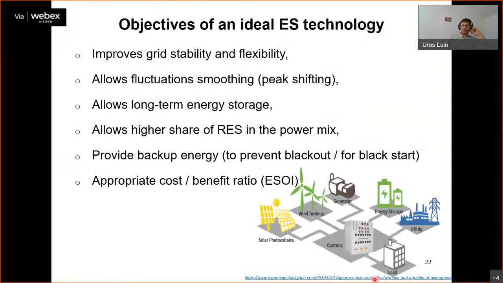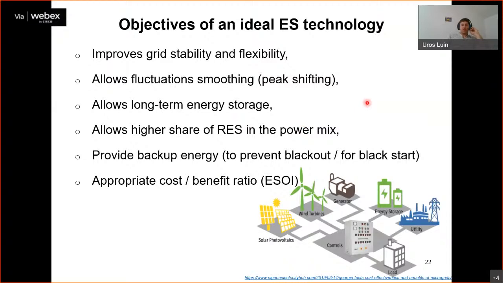Let us sum up what we said until now, and ask ourselves: what objectives should an ideal novel energy storage technology for grid energy management cover? How should it look? First of all, it should improve grid stability and flexibility. It should allow fluctuation smoothing and peak shifting, like I already said. It should allow long-term energy storage, in order to enable seasonal storage.